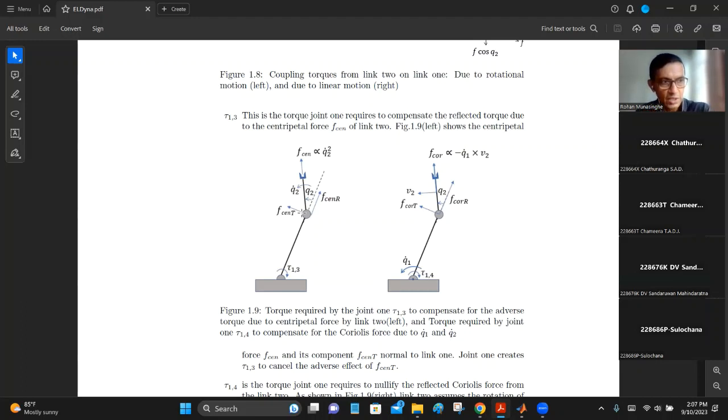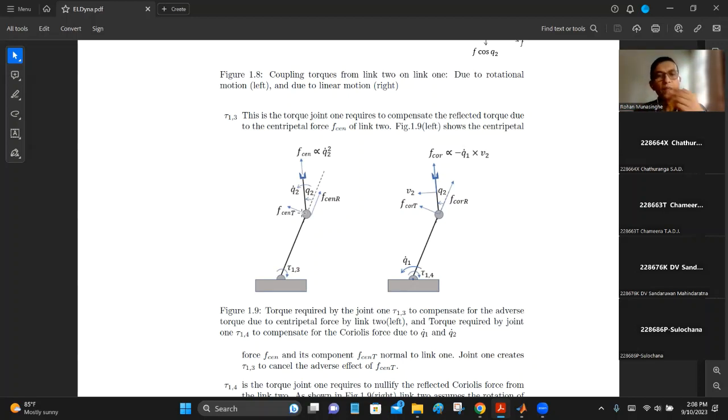So it's like you have this link here, and there's a force pushing downward or pulling upwards. Either way, the motor at joint level does not have to do anything with that force. It's actually acting along the link.